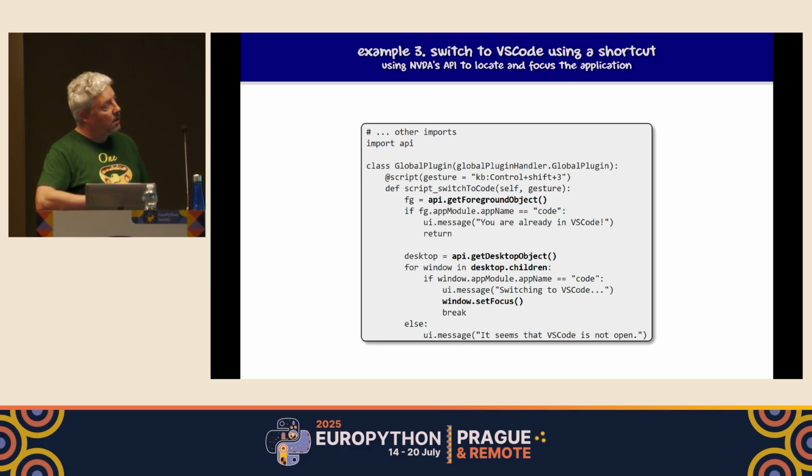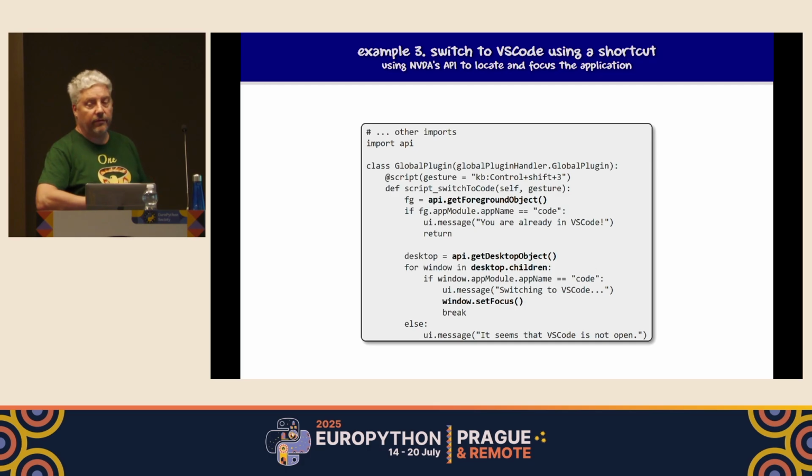We use the API getForeground object to check the name of the application that I have in this case. If it is code, I know that I am already in code. If it is not, I go to the desktop object. The root object of Windows is the desktop, and the children of the desktop are the windows of the applications. Okay, so I check the names of those windows.